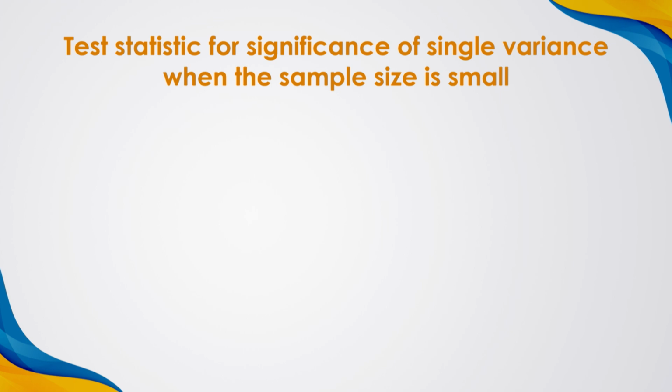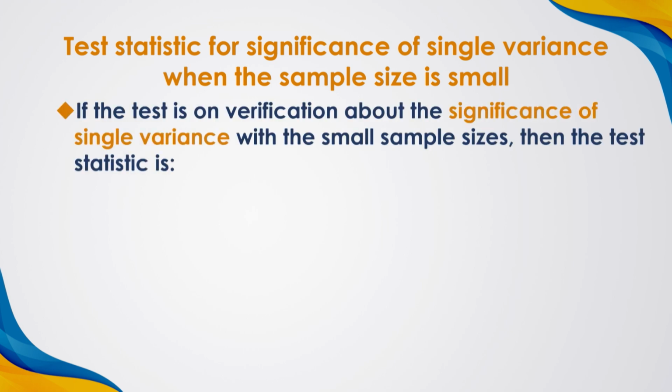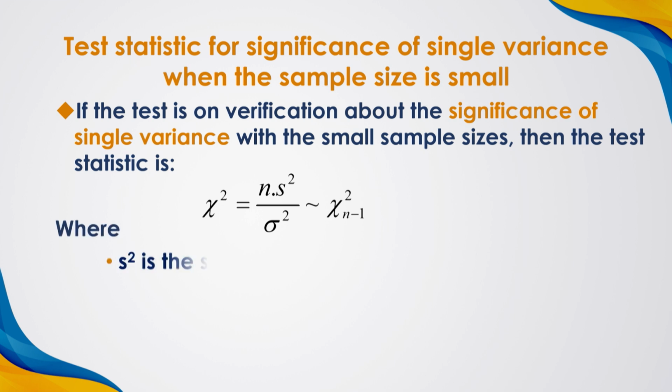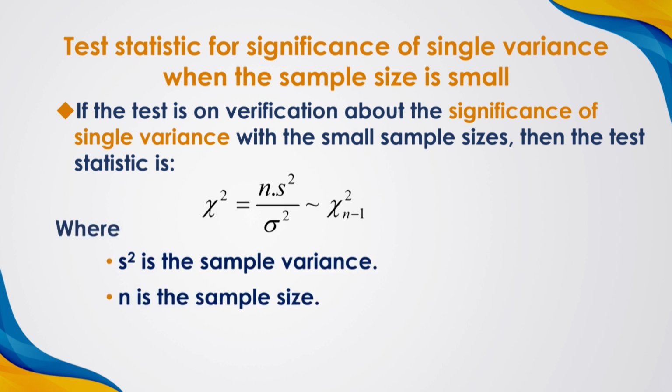Now the test statistic about the significance of a single variance when the sample size is small follows chi-square. If the test is on verification about the significance of a single variance with small sample sizes, then the test statistic is chi-square equal to n s square by sigma square, which follows chi-square with n minus 1 degrees of freedom, where s square is the sample variance, n is the sample size, and sigma square is the population variance.